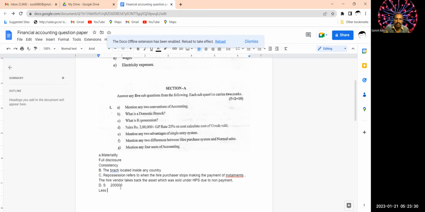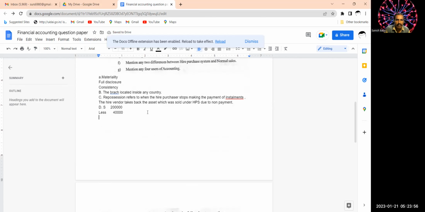So that is 1 by 4th on cost, and on sales it is 1 by 5th. 1 by 5th is 40,000. What is the balance? Balance is 1,60,000. That's it.